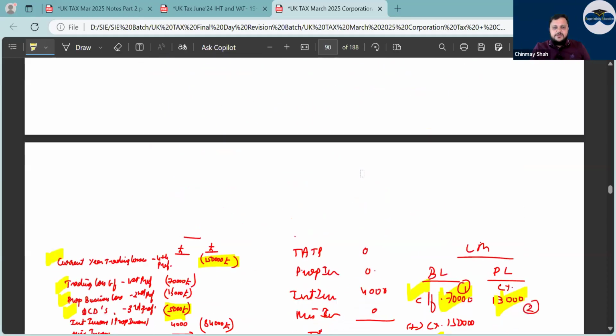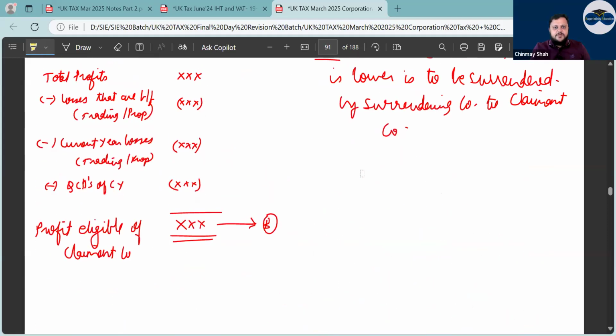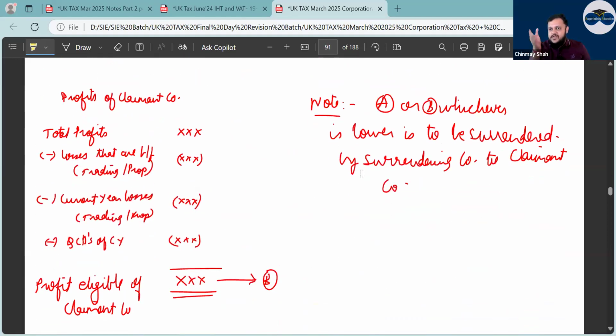Then you find profit. Profit that is eligible of claimant company. So how do you do that? Total profits minus losses, current year losses or brought forward losses, and QCDs you deduct, whatever profit is eligible.